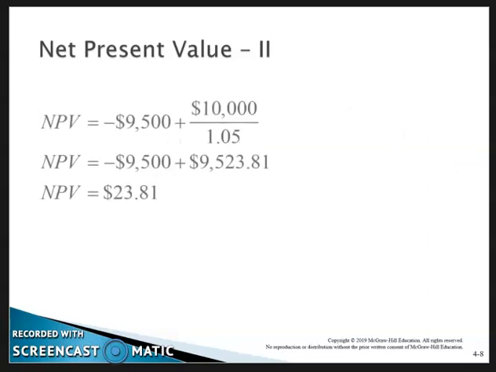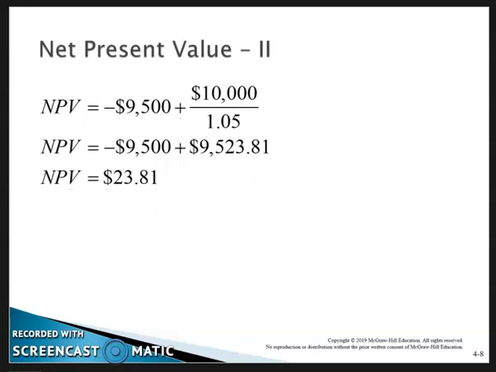So calculate the net present value. We have our $9,500 cost, and then the present value of the cash flow is $10,000 divided by 1 plus the interest rate, 1.05. So that's $9,523.81. The present value of the cash flows minus the initial cost is the NPV, or net present value. Most people just refer to it as NPV, of $23.81.